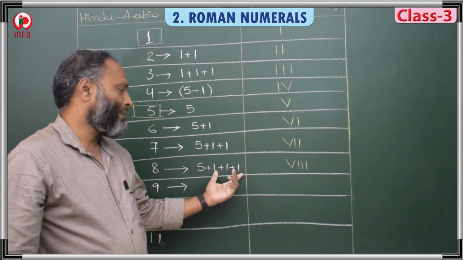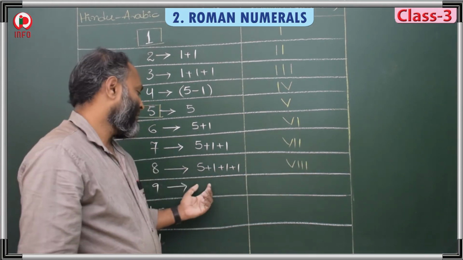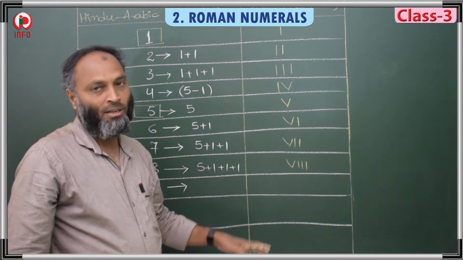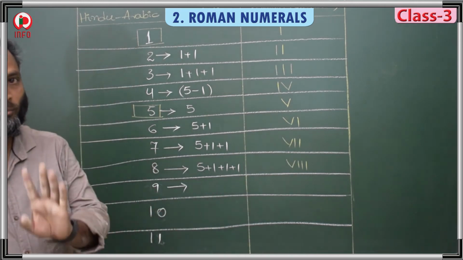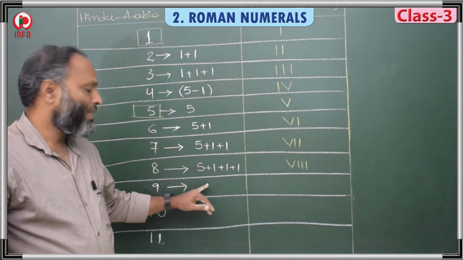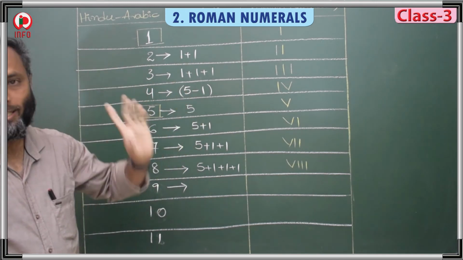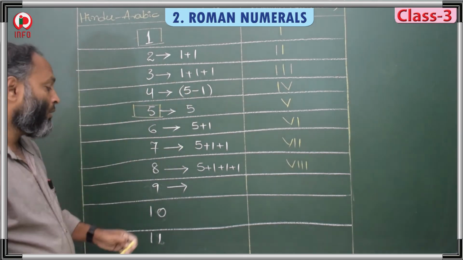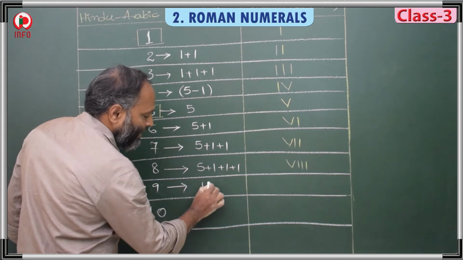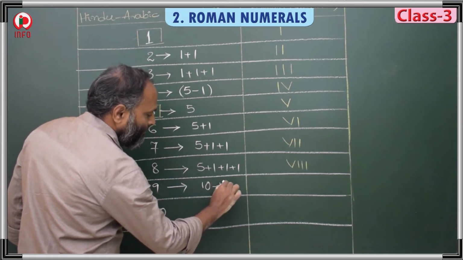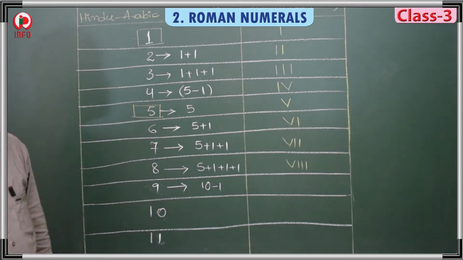Here I repeats a maximum of 3 times. 5 plus 1 plus 1 plus 1 plus 1, 4 times, is also 9, but it is not applicable in the Roman system. Then how do we take 9? That is 10 minus 1. 10 minus 1 is 9.